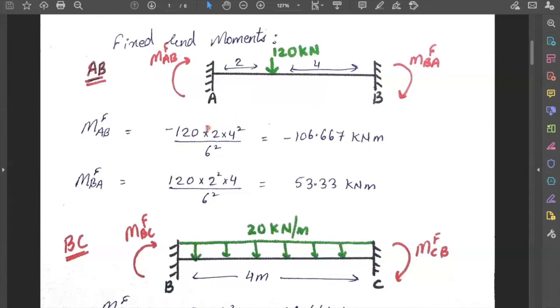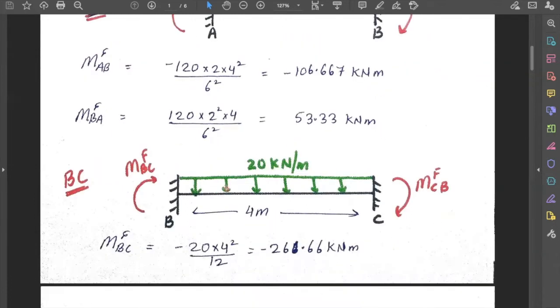The distance from A is 2 meters. Multiply by the square of the distance from the other end, which is 4 meters square, divided by the length. So the length of the span is 6 meters, so 6 square. It turns out the value equals minus 106.667 kilonewton meter.